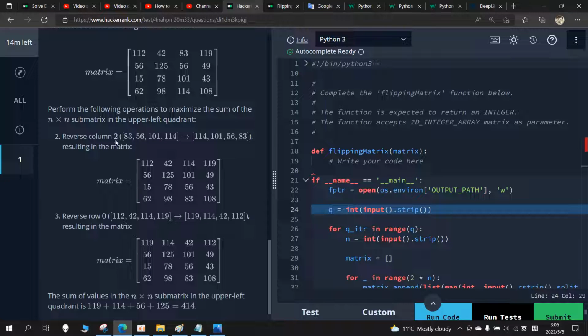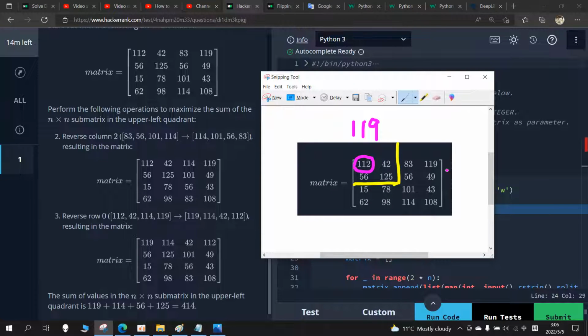Before we read it from left to right, and then we read it from right to left, from the last to the first, right? Similarly for the row it is also the same. So after we process the reverse, it's going to be 119, 83 here, and then 42, and then 112 at the end, right?